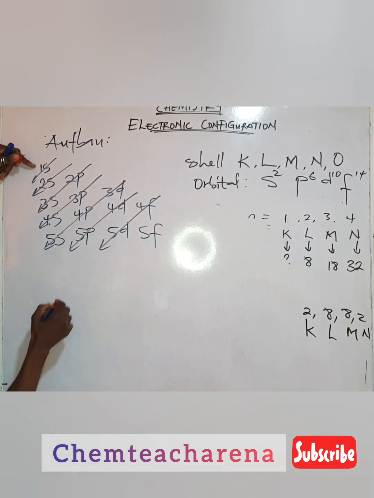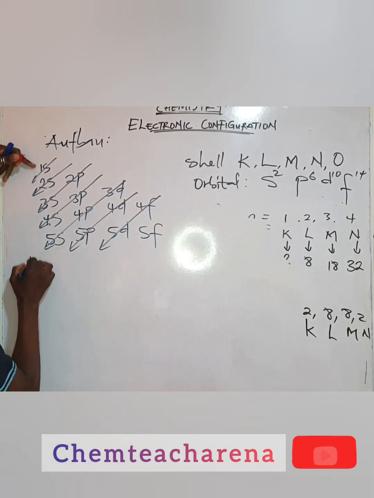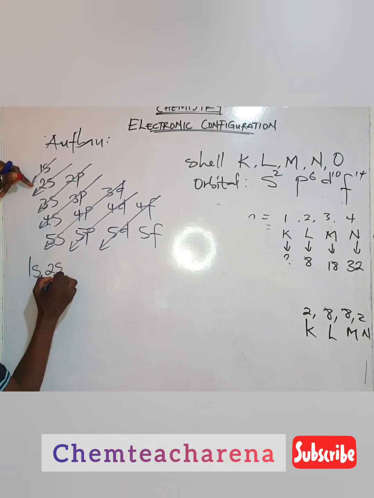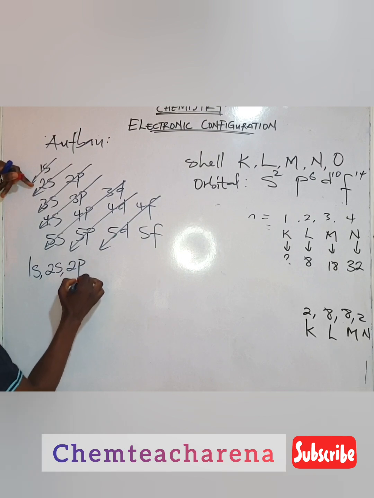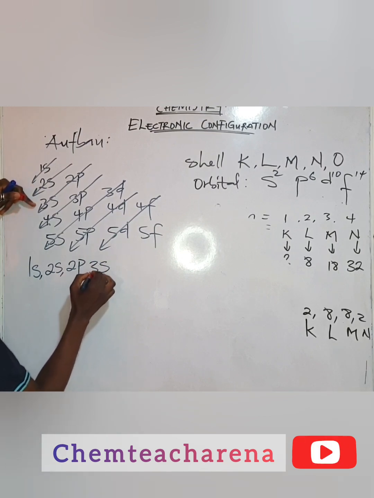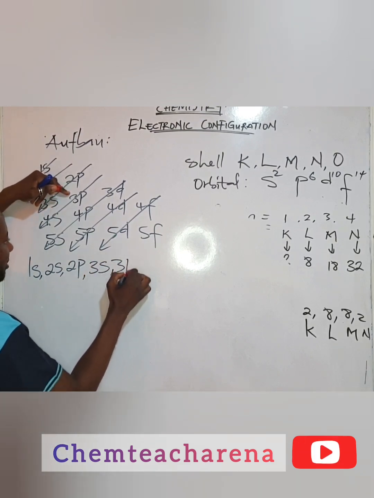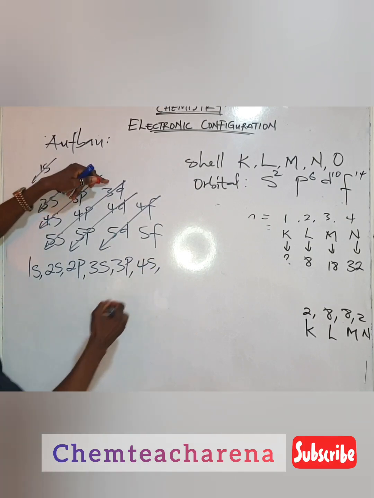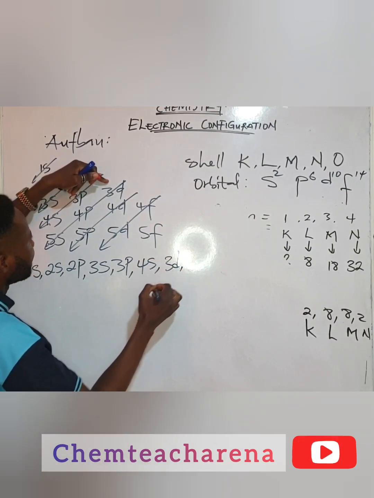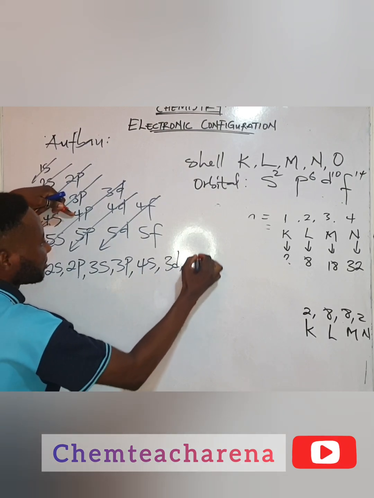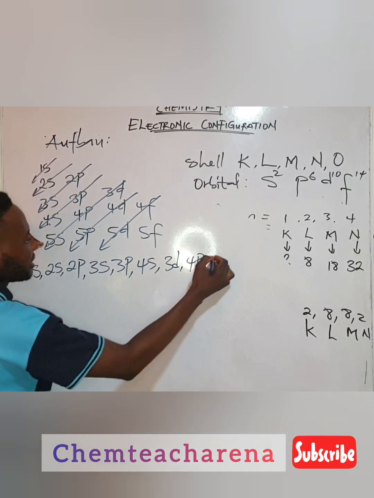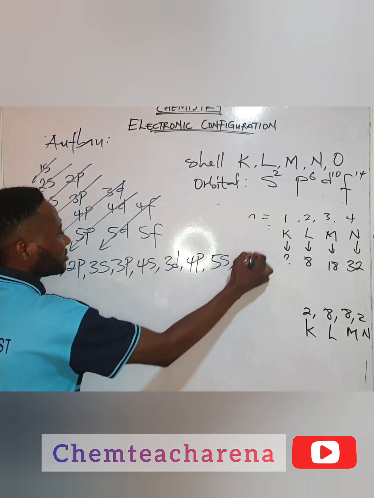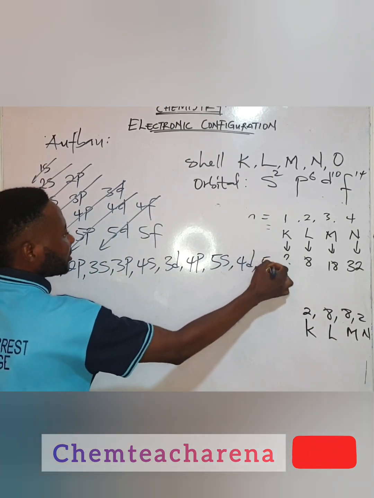So I pick 1s, then 2s, then 2p, 3s, 3p, 4s, then 3d, 4p, 5s, before 4d, before 5p.